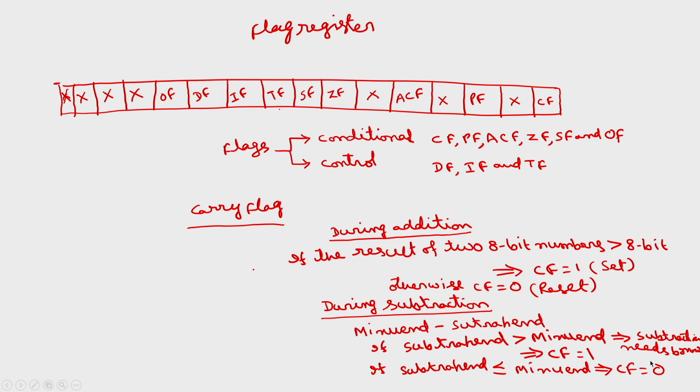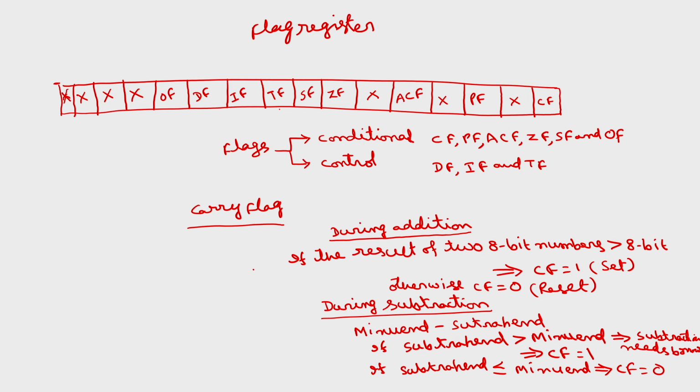This is the case whether it is an 8-bit number or a 16-bit number. If you want to perform the subtraction of two 8-bit numbers or two 16-bit numbers, if subtrahend is greater than minuend, then the carry flag will be set. If subtrahend is less than or equal to minuend, then carry flag will be reset.